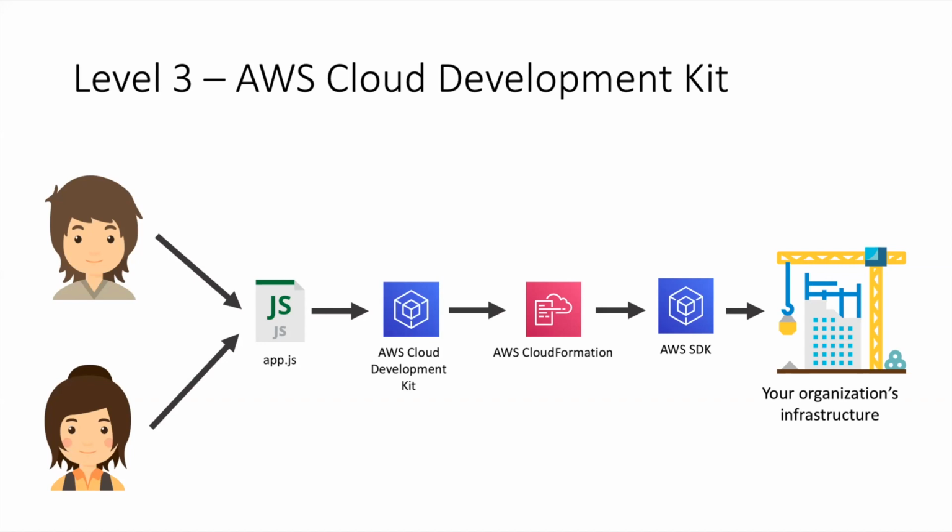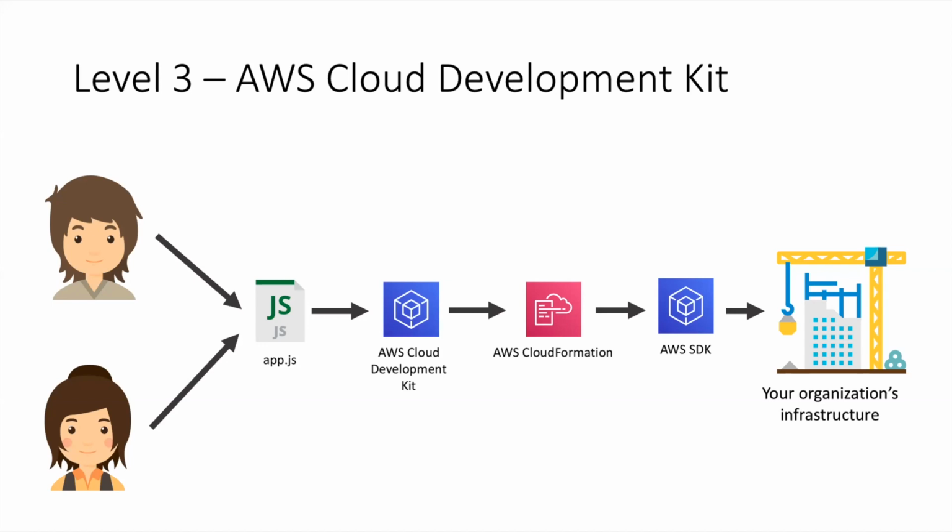So you'll notice the first thing that's new is AWS Cloud Development Kit, and there's an actual code file called app.js. So the idea with AWS Cloud Development Kit is you have multiple developers who are writing a piece of code in a programming language, and then that programming language utilizes AWS Cloud Development Kit.